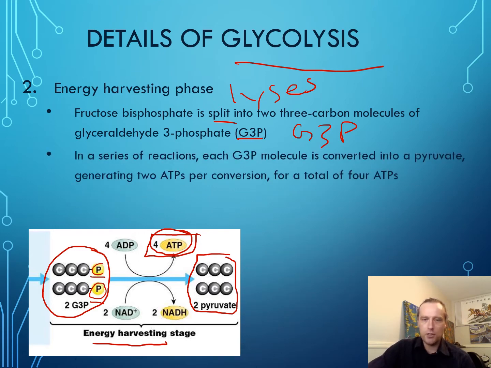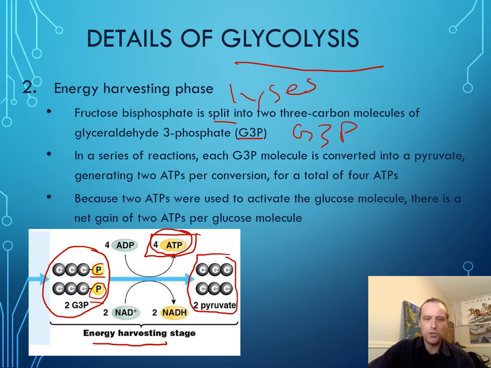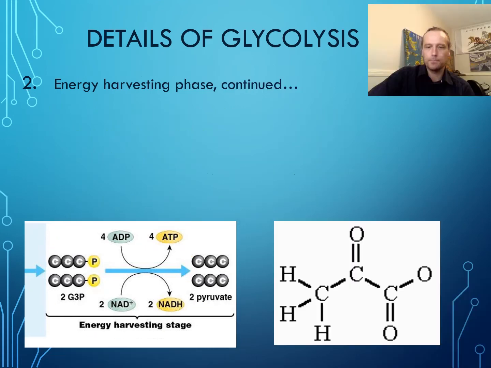Because 2 ATPs were used to activate the glucose molecule, there's only a net gain of 2 ATPs per glucose molecule, because in the energy investment phase, we used 2 ATP, and we produced 4, so it's a net gain of just 2 ATP per glucose molecule.